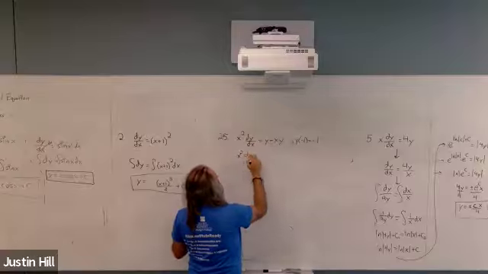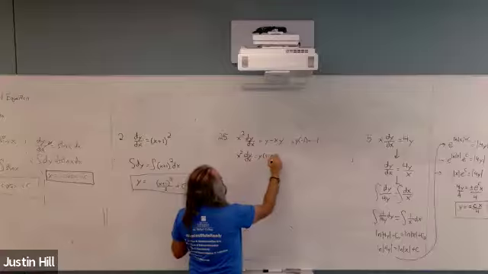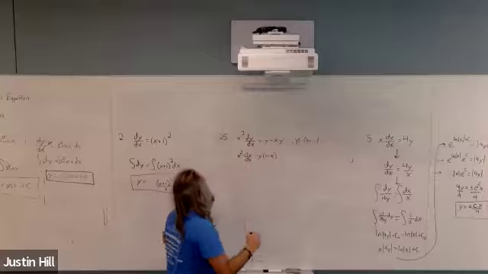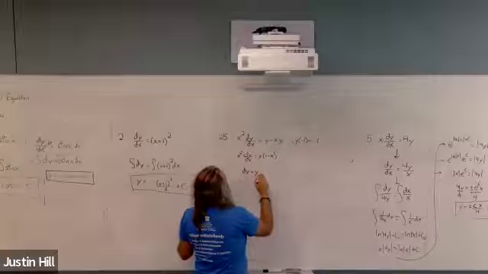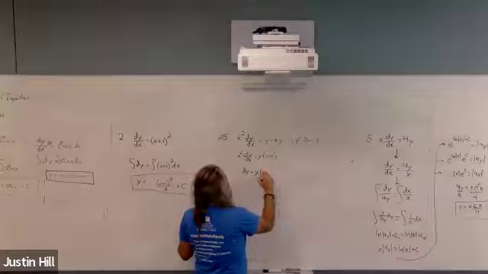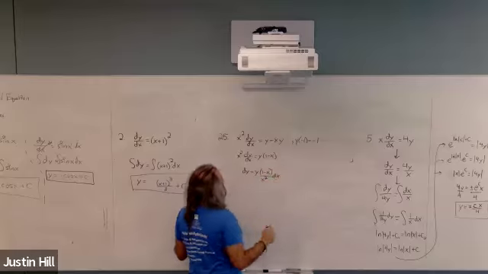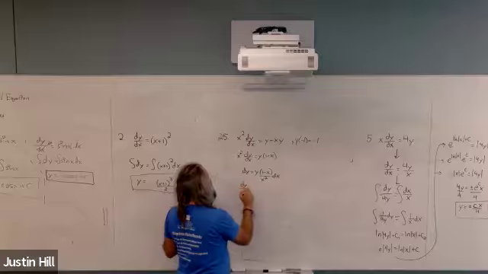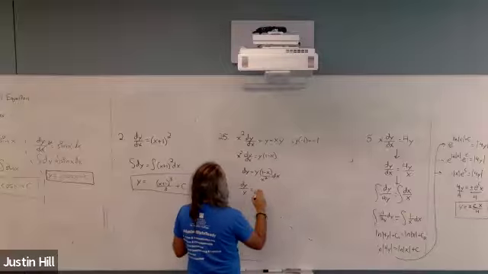I have x squared dy/dx equals y times (1 minus x). And I'd start migrating the dx and the x squared over to this side. So dy equals y times (1 minus x) over x squared dx. And then I divide off the y, so we end up with dy over y equals.